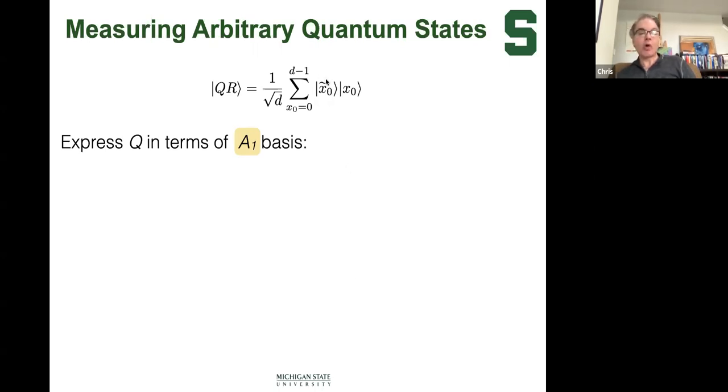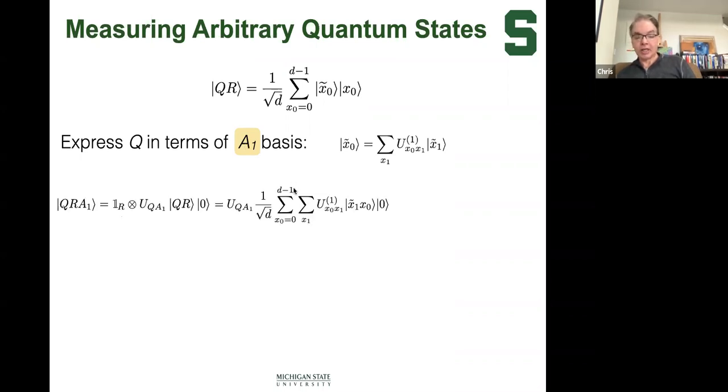Because I really don't know what the basis of X is. But you will actually see that it doesn't matter. So watch this. So first of all, yes, we can write X0, these states, in terms of states X1, which are in fact the eigenstates of the measurement device. And then I'm going to apply my operator. Here, this operator will be applied to that.